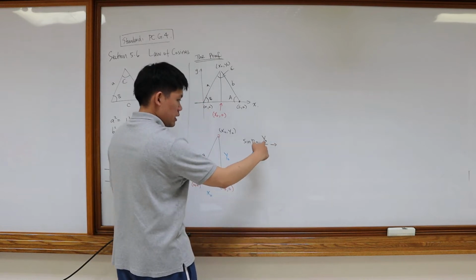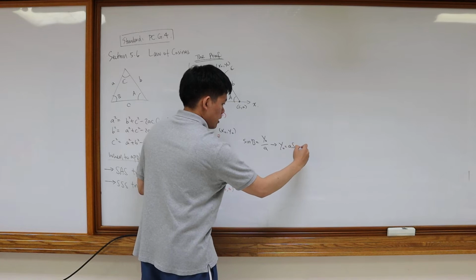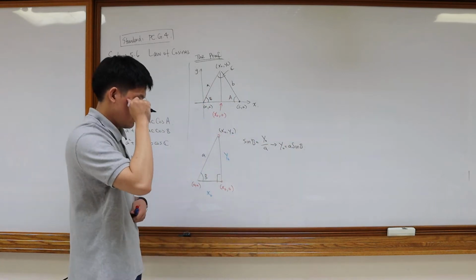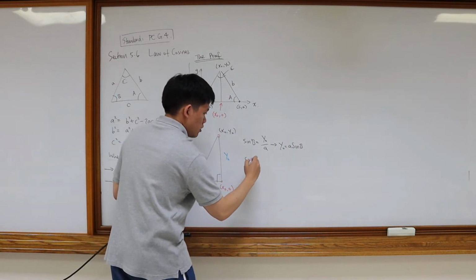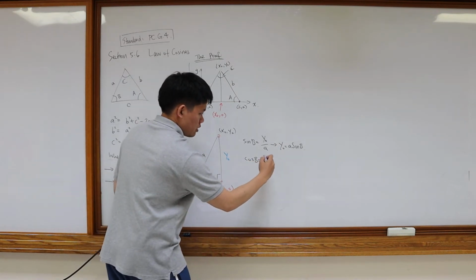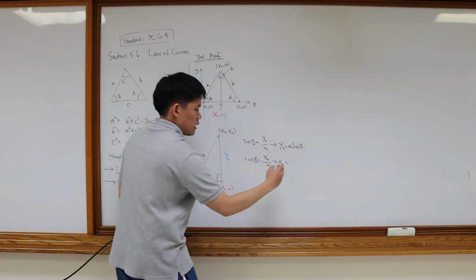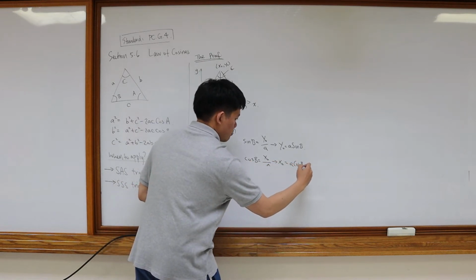If we want to get y0 by itself, you end up with y0 is equal to a sine b. Now, if we use cosine, cosine of b is equal to adjacent over hypotenuse. So you end up with x0 over a, which implies x0 is equal to a cosine of b.